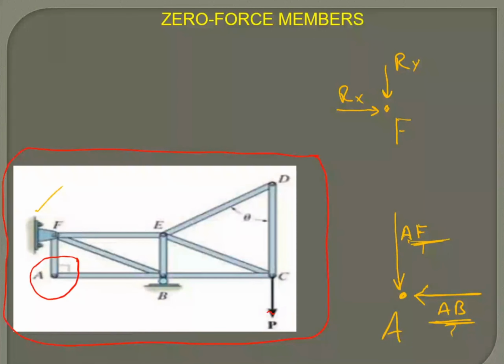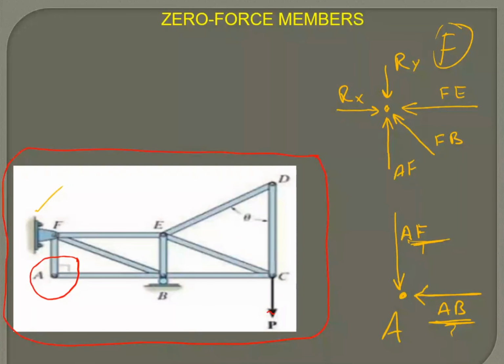Yes, sir. I will have another force here, the direction of which I am assuming, FE. And there's another force here, with assumed direction, FB. And there's another that you do not want me to remove, and that is AF.